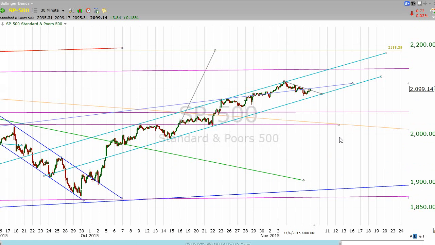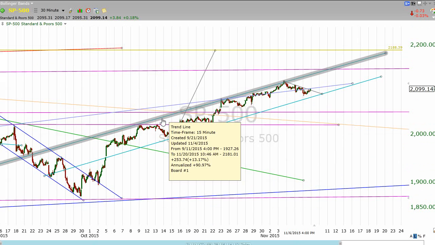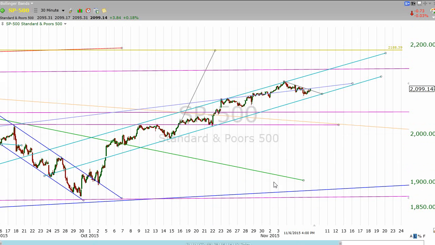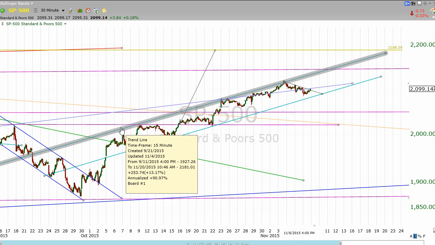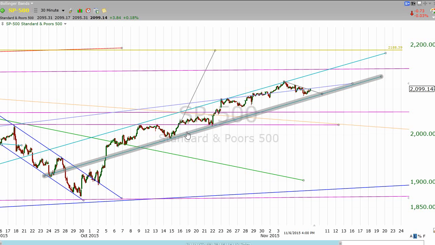Now, just like I showed you that long-term trend line for the rising channel that ignored that extreme bottom in March of 2009, now it looks like we may be dealing with, in a much, much, much smaller way, the same kind of thing, where we have a fairly reliable resistance line, but in order to find a support line, we may have to just abandon these lows from the very late September.